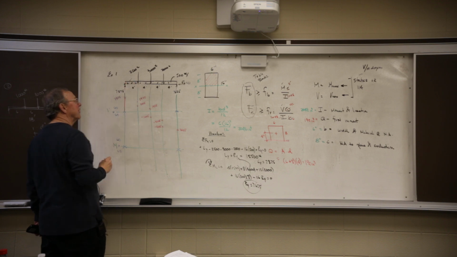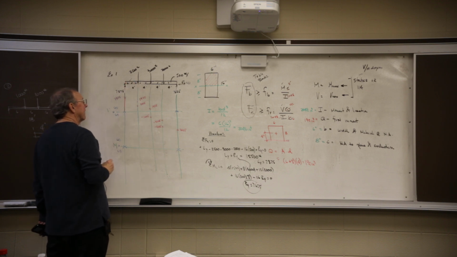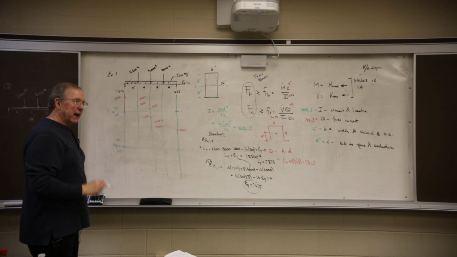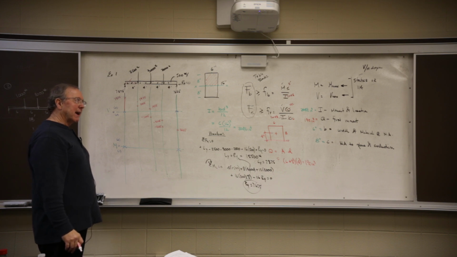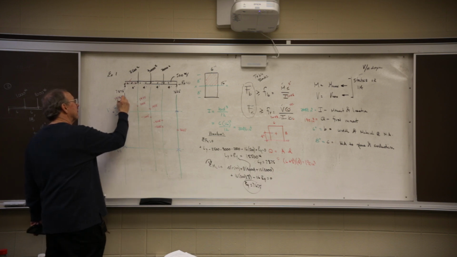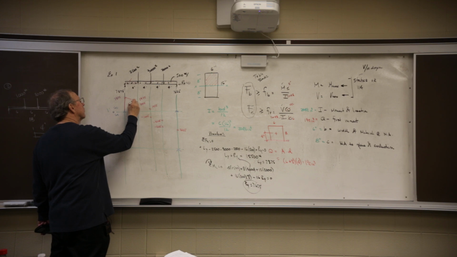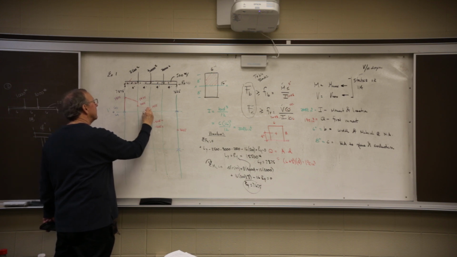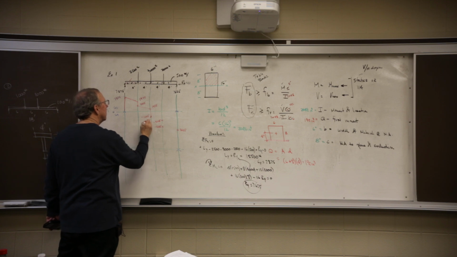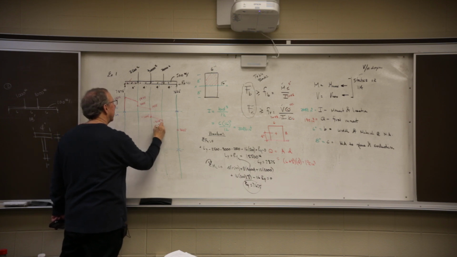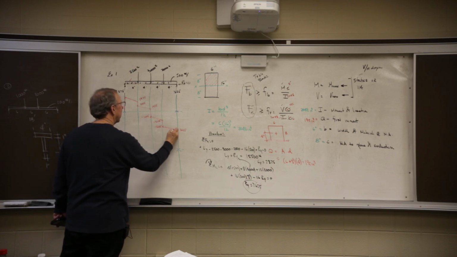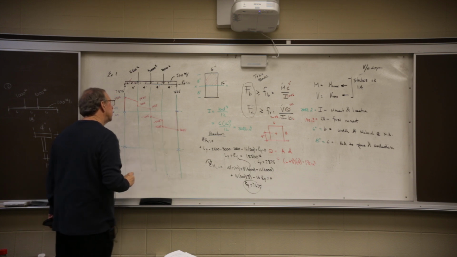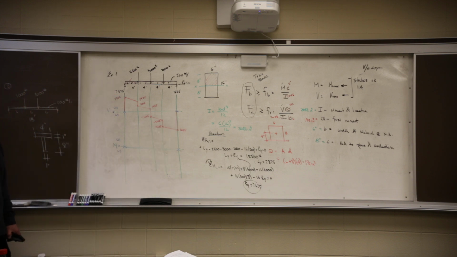Moving at a constant rate. A line that represents a downward movement at a constant rate is a sloped line. So I'm going to connect these with a straight line, down, straight line, down, straight line, down, straight line, up. There's my shear diagram.